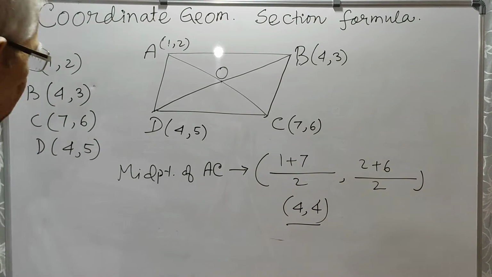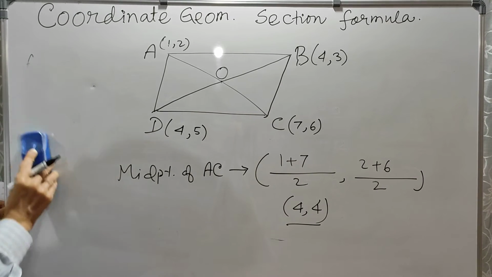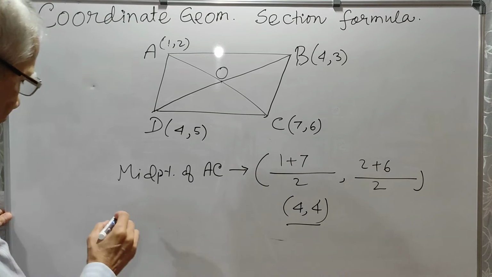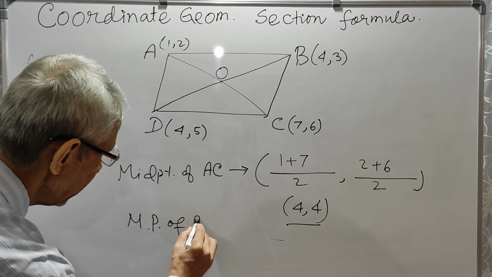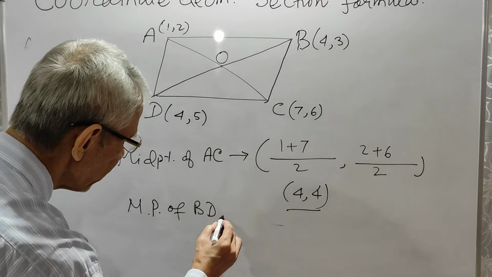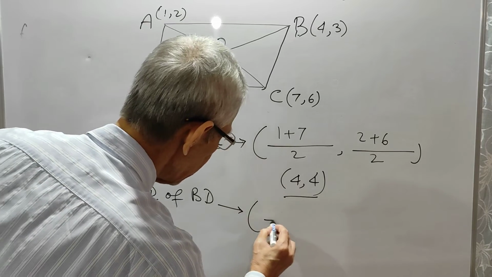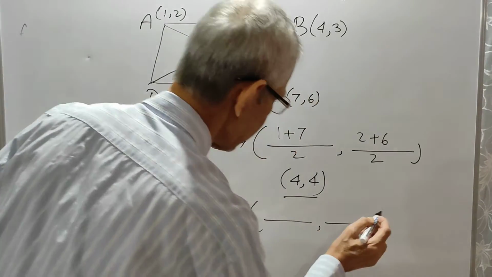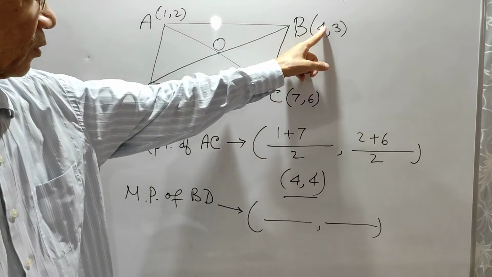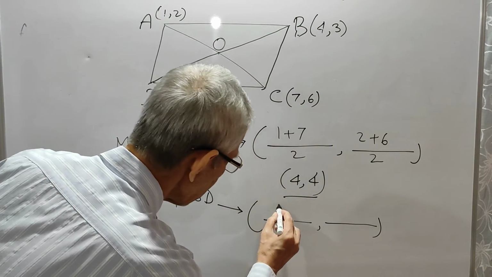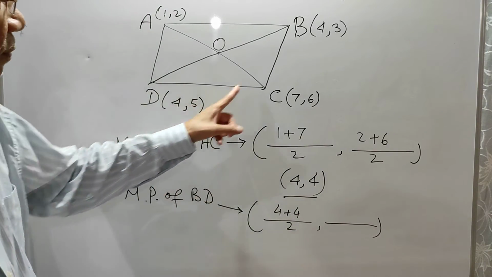Clear? Now let us find out the midpoint of the other diagonal BD. So midpoint of AC we have found 4, 4. Using the same formula, let us find out the midpoint of BD. So what will be the midpoint of BD? 4 plus 4 by 2, and then 5 plus 3 by 2.